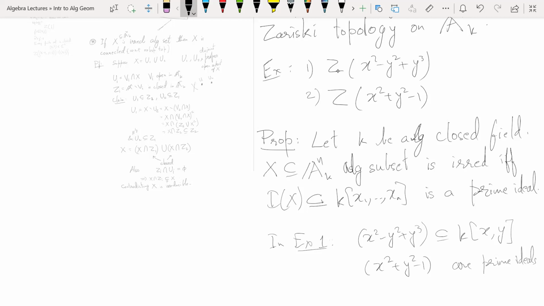The constant term you can factor as y square times y minus 1, so you can think of it as x square minus y square times y minus 1.